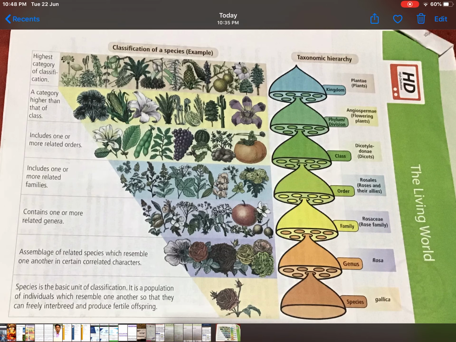In this we need to remember that there are some taxonomical aids which will help us. Herbarium, for example, is a taxonomical aid. Zoological park is a taxonomical aid. Botanical garden is a taxonomical aid. Museum is a taxonomical aid.